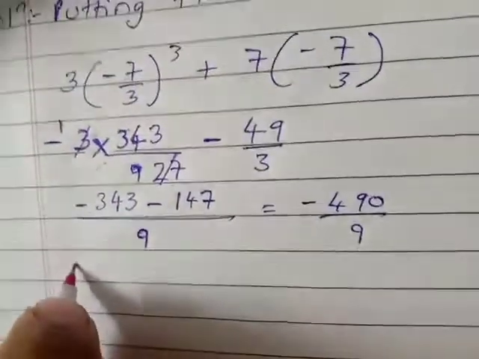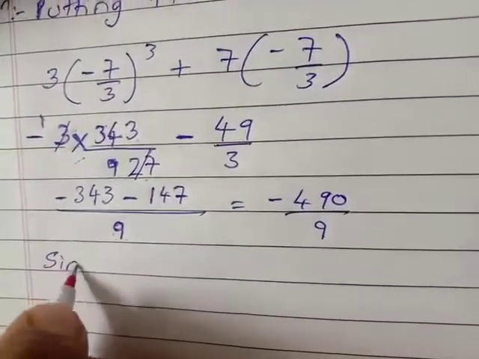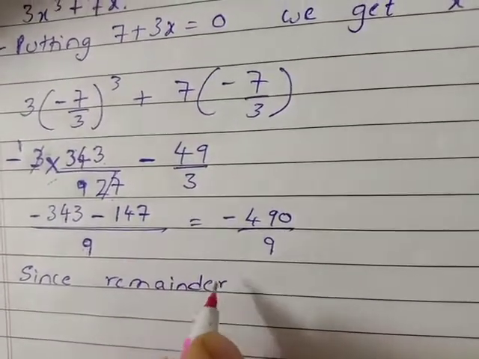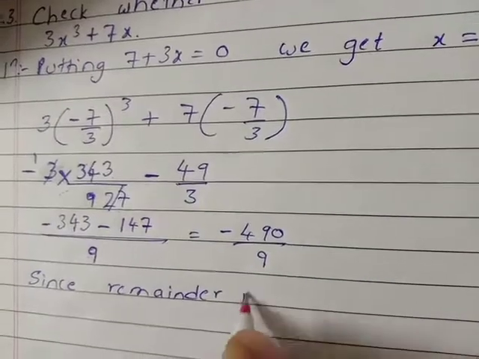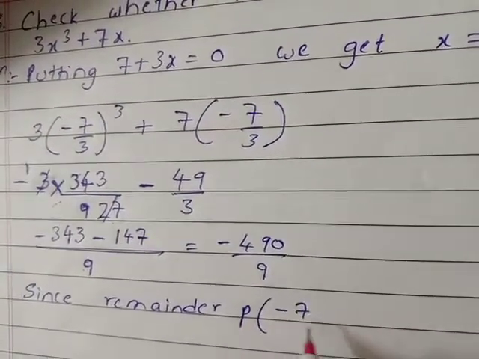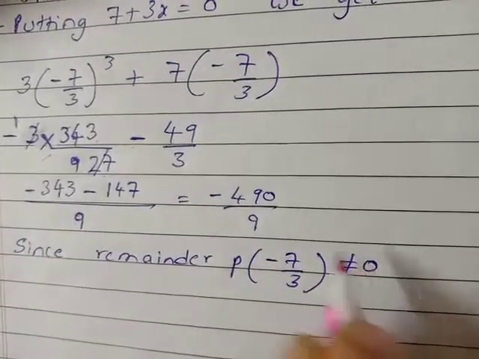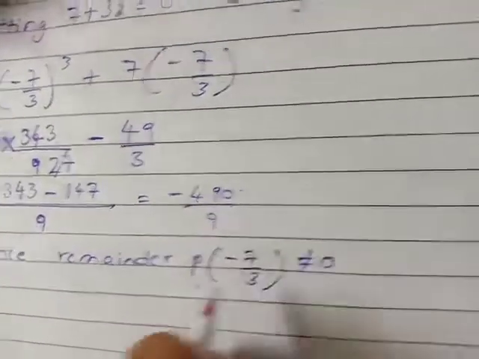How will we write this now? Since the remainder p of minus 7 by 3 is not equal to 0, there is a value, it is not equal to 0.